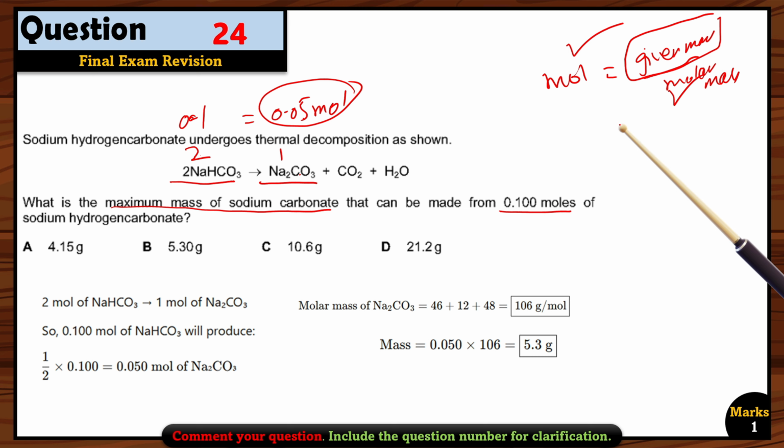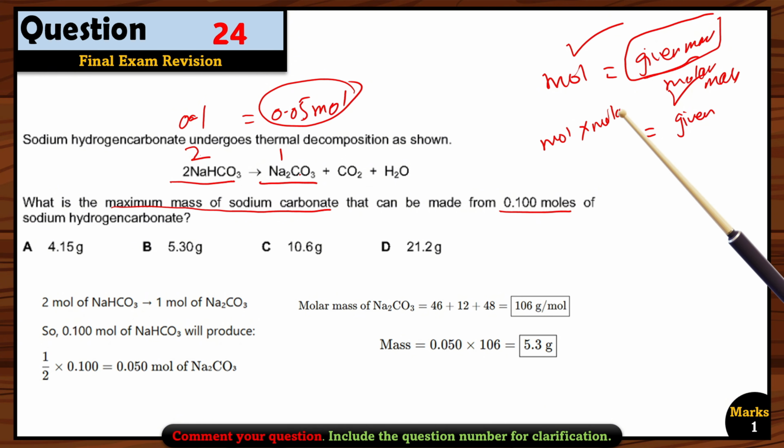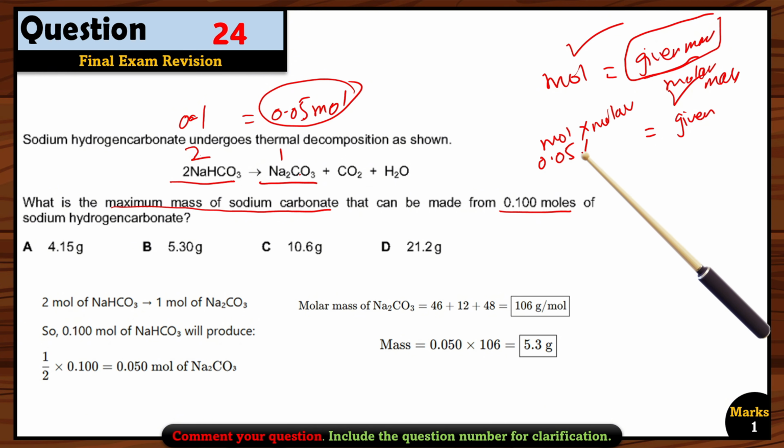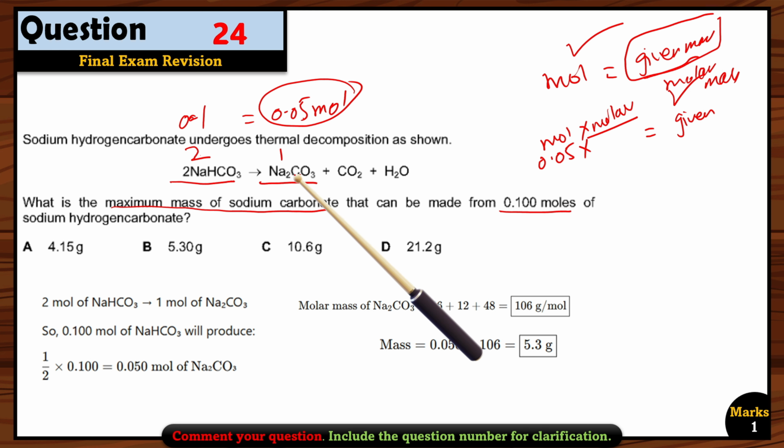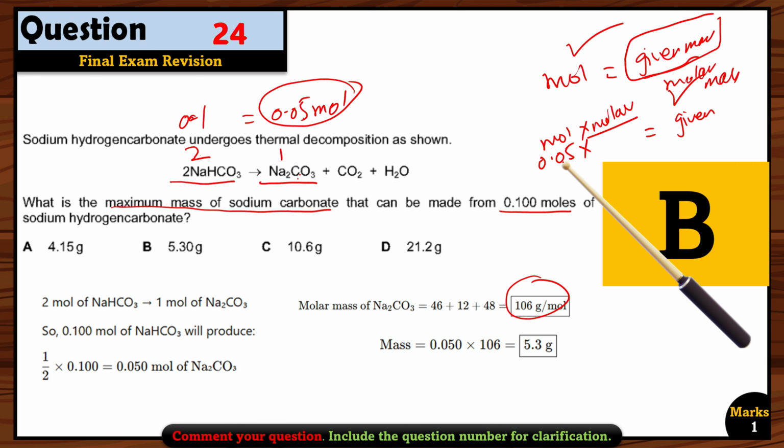So the formula for given mass will be moles times molar mass. Moles is 0.05 and molar mass for sodium carbonate is 106 gram. So 106 gram multiplied by 0.05 gives 5.3 grams. So option B is the right option.